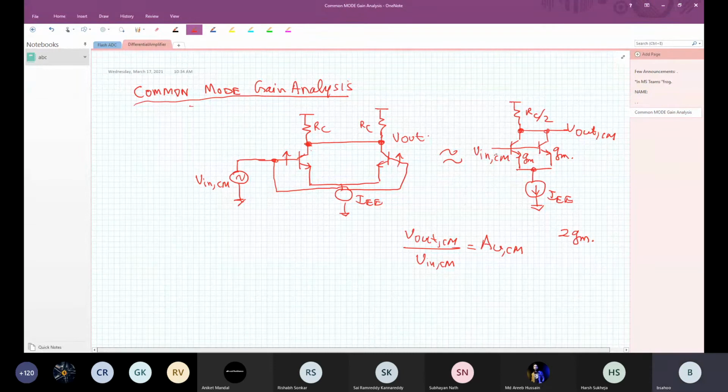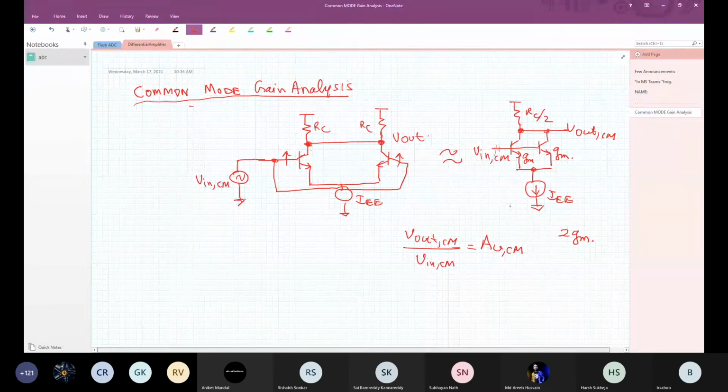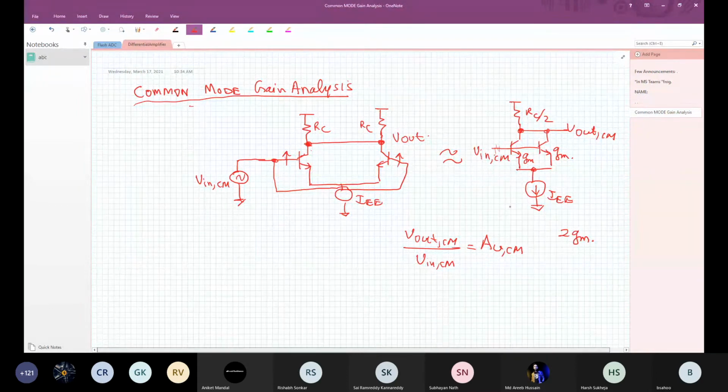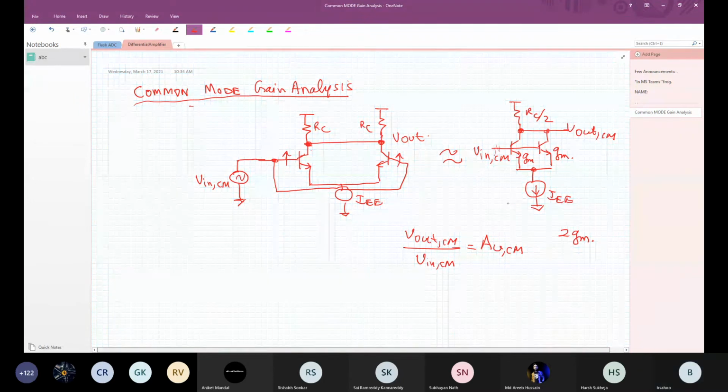If I change this voltage, the gain comes due to the change in current. Can the current in this circuit change? Anyone? Subhayan?